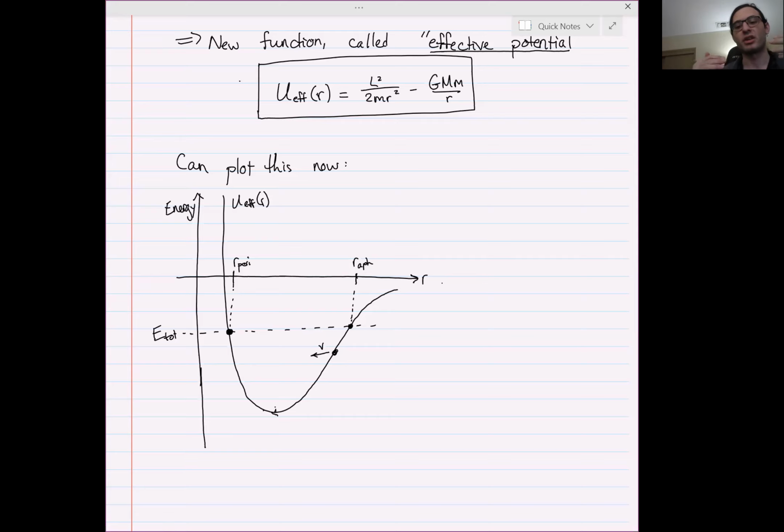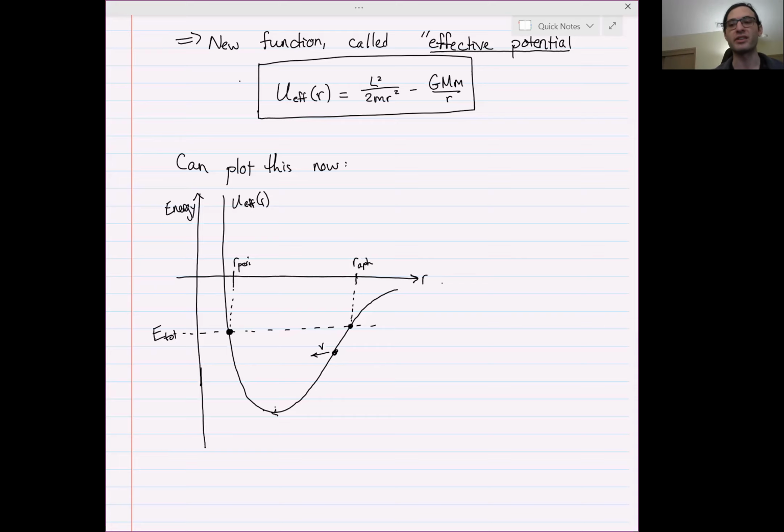They make sense because it lets us see what happens if you get too close to the sun. If you have some angular momentum L, as you get closer and closer to the sun, your L is constant because there are no external torques. And so as your distance from the sun decreases, in order to keep L the same, you have to increase your tangential velocity, which increases the value of the effective potential.